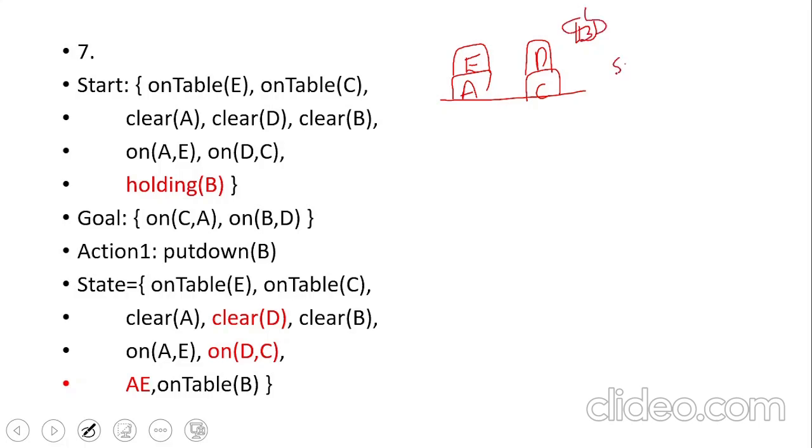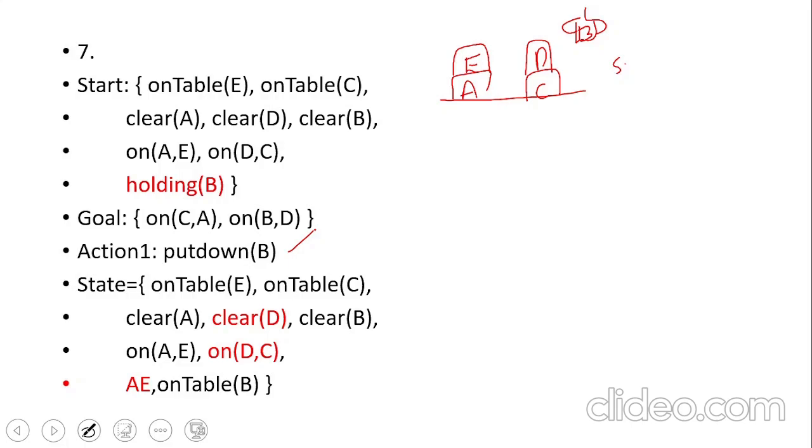We are having holding B, so we will perform the first action. We can put down that B. What are the preconditions required for put down? The prerequisite is holding B, and the effects are arm empty and on table B. So the first action is put down B.